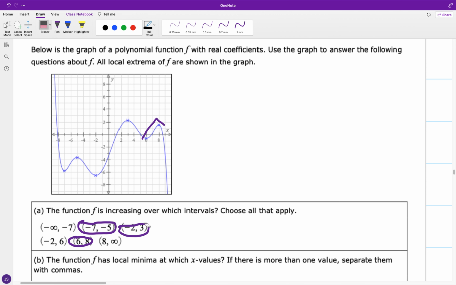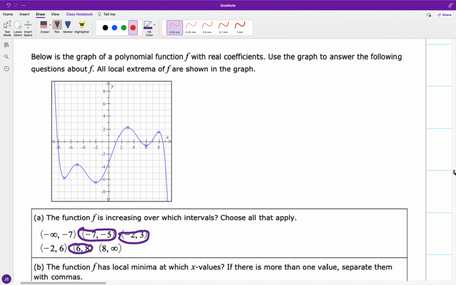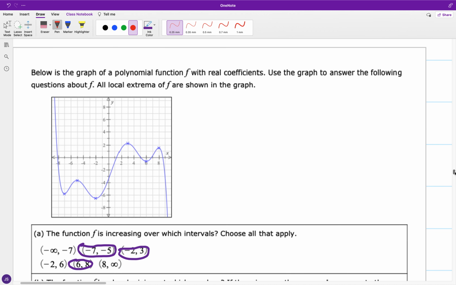In the case of the local minimum, it asks where the function f has a local minimum, at which x values. Each relative minimum is going to be a dip in the function. So you have your dips, or minimums: you have this location here, this bottom point, and one more.